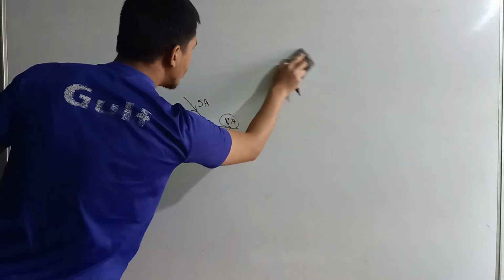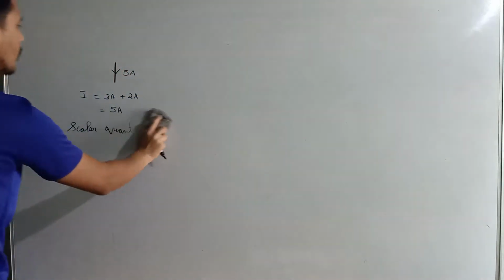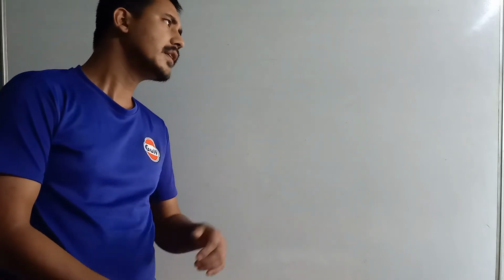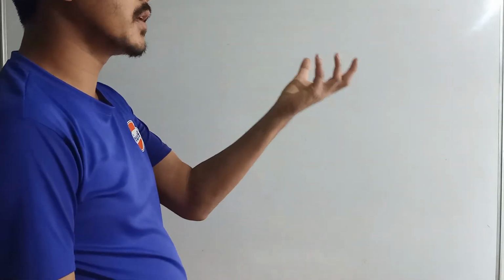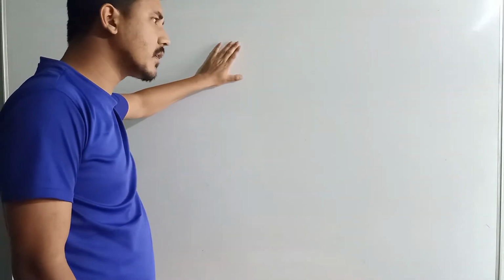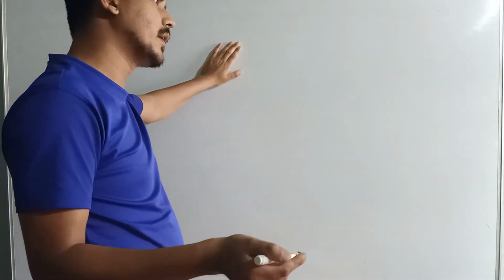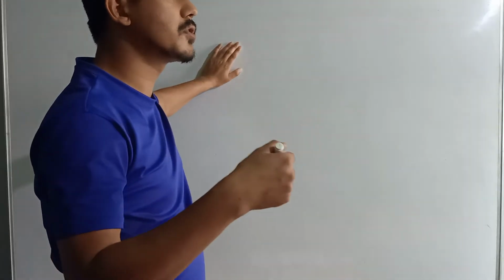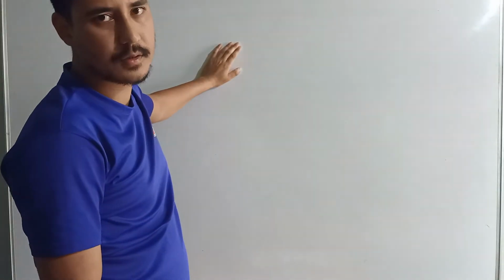So we need a vector which will play the role of the current. Since current is a scalar quantity, not a vector, we need a certain quantity which will be a vector and will also play the role of the current.